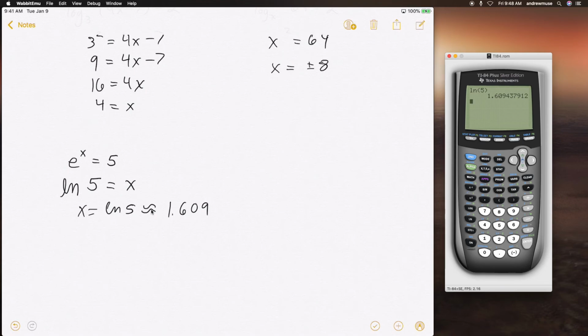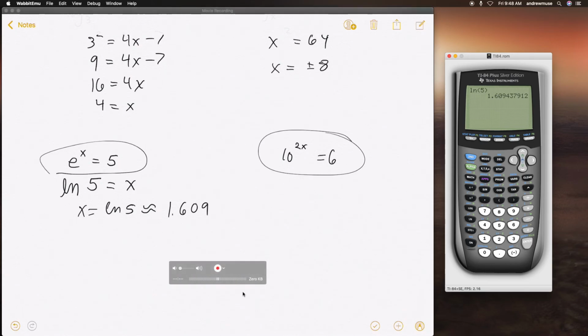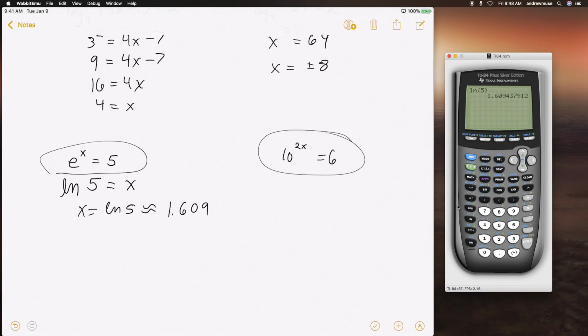Here's another one. 10 to the 2x equals 6. Okay, we can only do these two because they're base 10 and base e. That's within the calculator. But next time, if it's something different, I'll show you how to do that as well. Okay, so if we convert this to log form, that's log base 10 of 6 equals 2x, which we know is just log of 6 equals 2x.